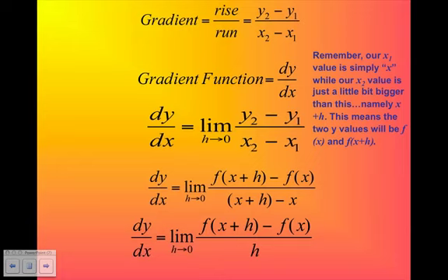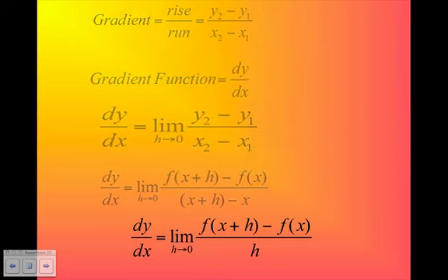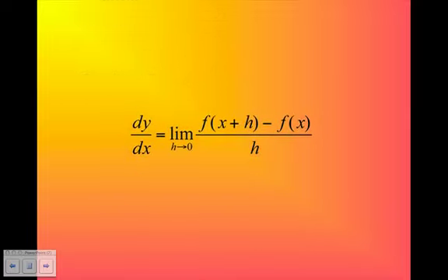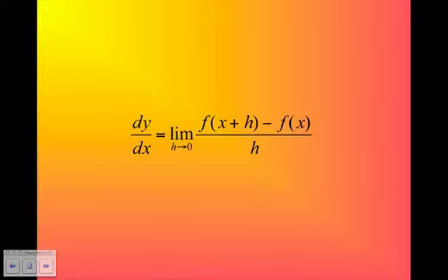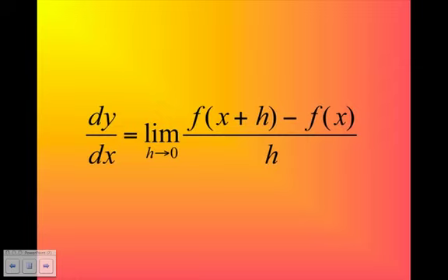This is the formula for differentiation by first principles. And what you can notice is the formula still looks like a rise over a run. The top of that formula is still the difference between the y coordinates, and the bottom is still the difference between the x coordinates.